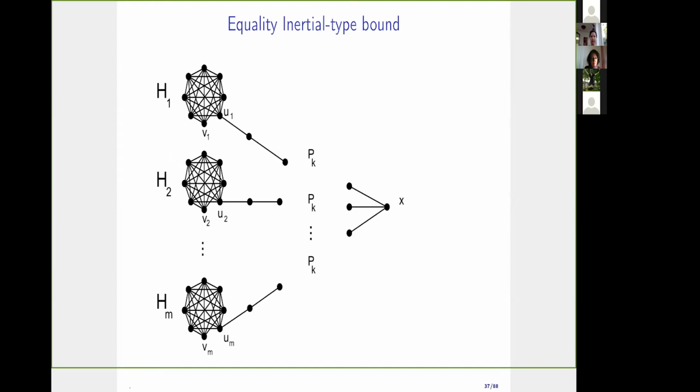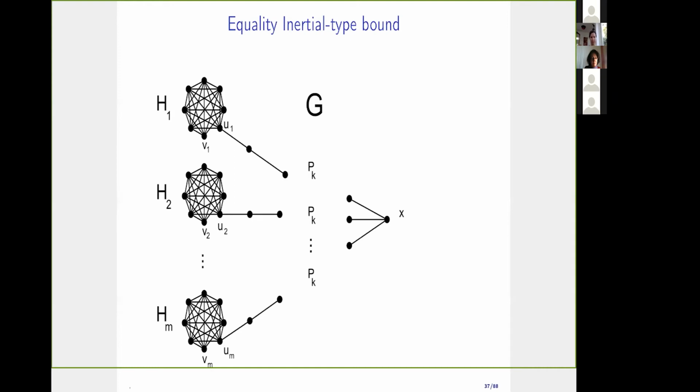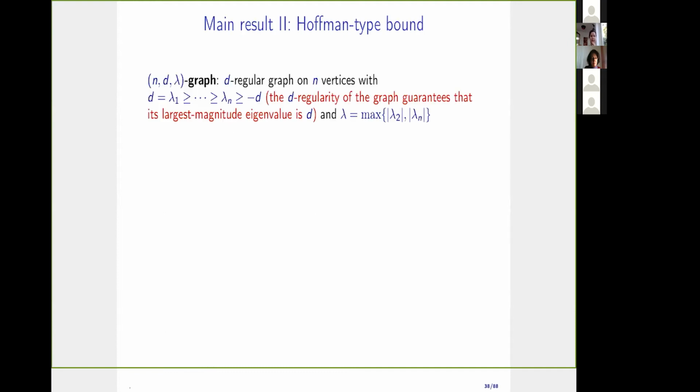And we attach an extra vertex X with a path of length K to the same vertex of the edge we removed, adjacent to the edge we removed. Okay, this is the graph that actually provides us a tight example for the inertia-type bound. So this was a construction. I didn't give all details of the proof, but it was a constructive proof, basically, to control how the eigenvalues behave. The second result we show in that first paper is a Hoffman-type bound.